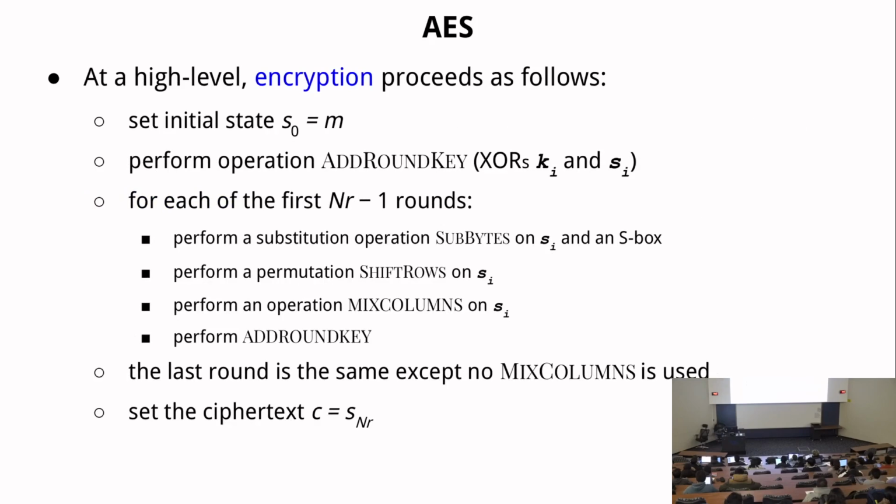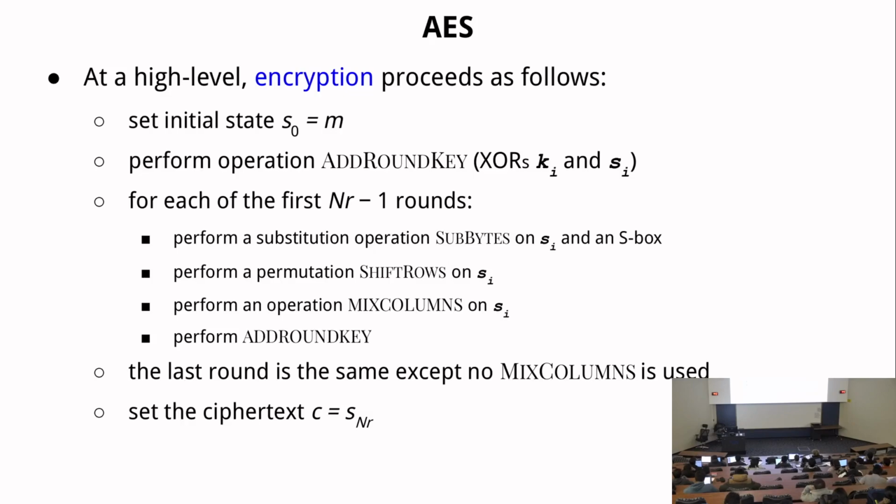So at a high level, the encryption works like this: we have an initial state S, which is that 4x4 matrix. Then we perform the add round key operation. We get the subkey for this round. Then for each round, we perform a substitution operation on each byte of that 4x4 matrix to replace it with another number.